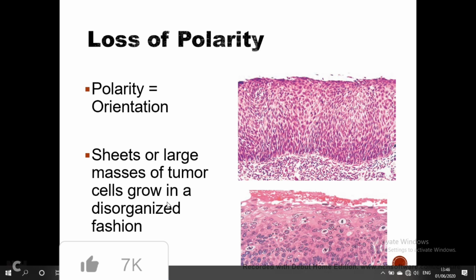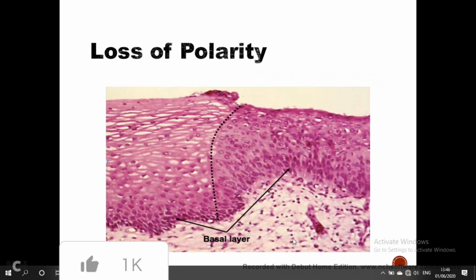So sheets and large masses of tumor cells grow in disorganized fashion, and this disorganization is known as loss of polarity. So again, you can see in one picture stratified squamous epithelium with all its normal lining layers, and in the other half, the right side of the picture, you can see that there is disorganized growth with lack of organization or orientation.